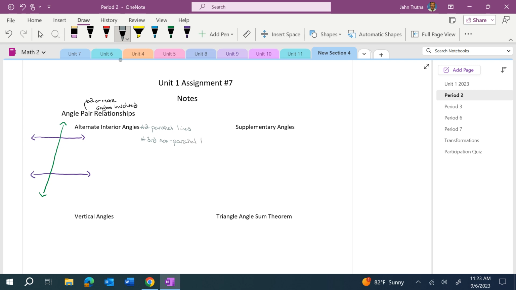And the angles that would be considered alternate interior angles, let's say I put an angle down here towards the bottom left of my diagram and I labeled that as angle A. So angle A is this angle right here that I just outlined in blue.